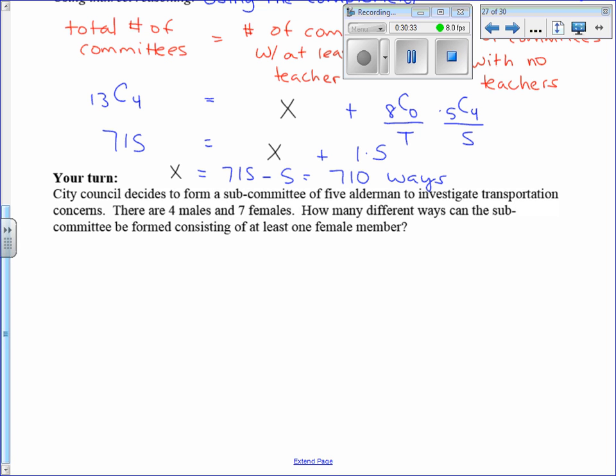I've got to change some numbers in here. We've got a 5-person, 5-alderman committee. And we want at least one female, but we can't take away all males because there's no way of making a committee with no males. So let's actually just omit this question. This was just a bad one. So we'll just get rid of that one.